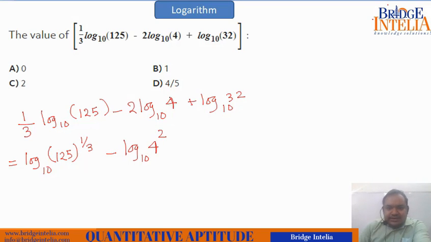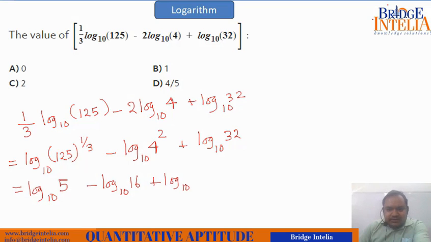So this goes and takes the form of exponent. Leave it as it is for now. So this is log to the base 10 of 125 to the power 1 by 3, the cube root of 125 is 5, minus log to the base 10 of 16 plus log to the base 10 of 32.